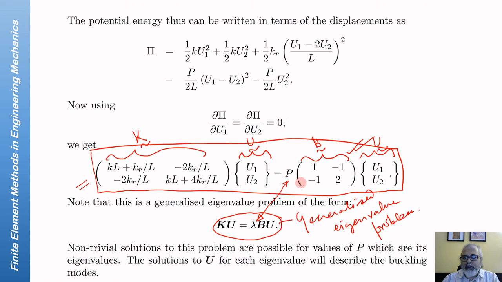Okay, so there will be two eigenvalues and two eigenvectors, which means there are two buckling modes of this system. So this is an example of a problem which, when cast in matrix form, gives rise to an eigenvalue problem, and solutions to the eigenvalue problem give you the buckling modes of the system. This is another set of problems that we will look at carefully in the days to come.